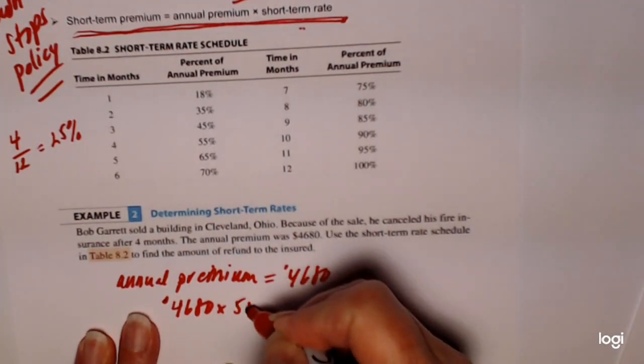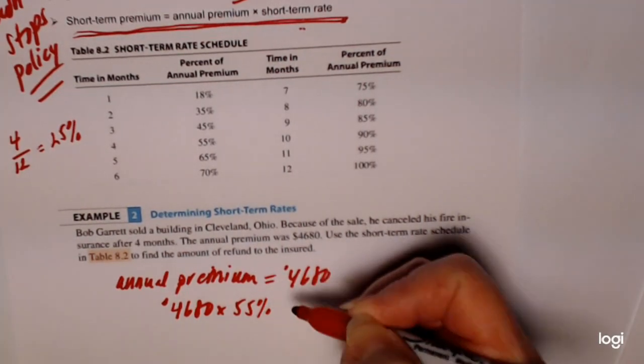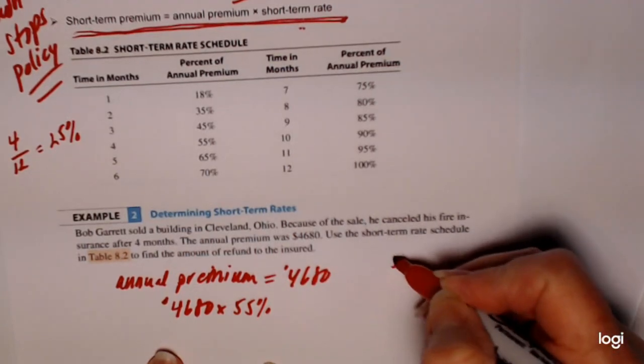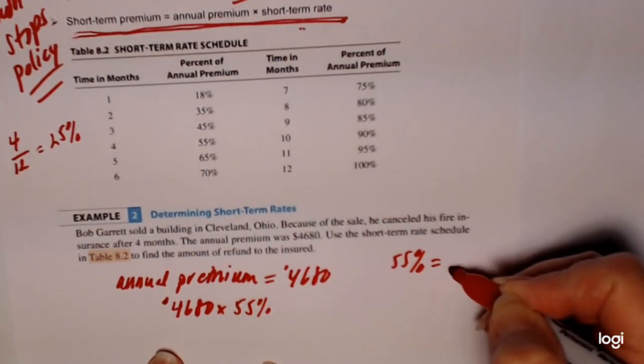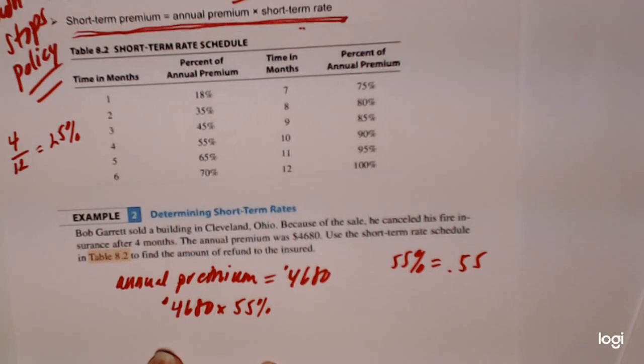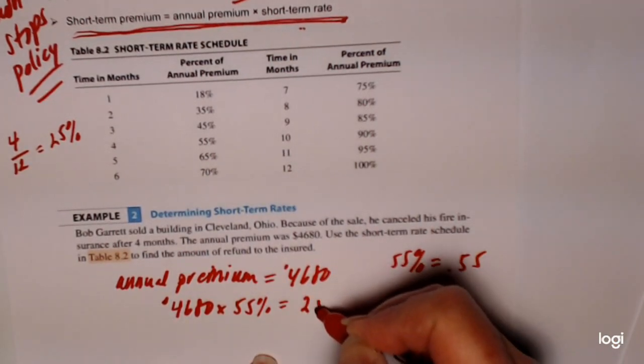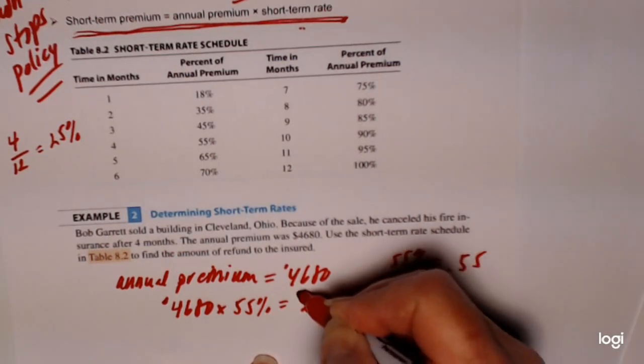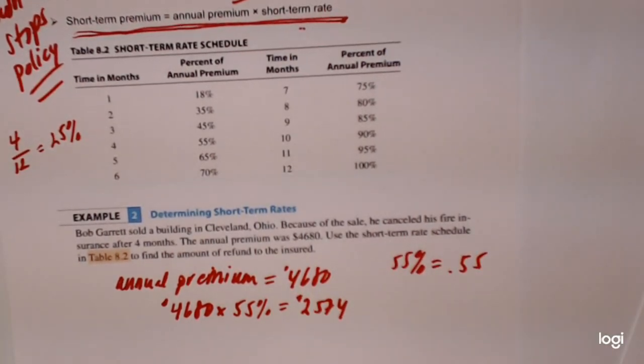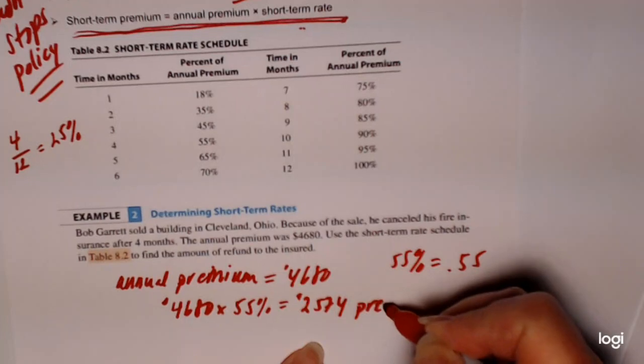So times 55%, and remember, 55% is equal to 0.55. So when we do this multiplication, we get $2,574. This is the premium for 4 months.